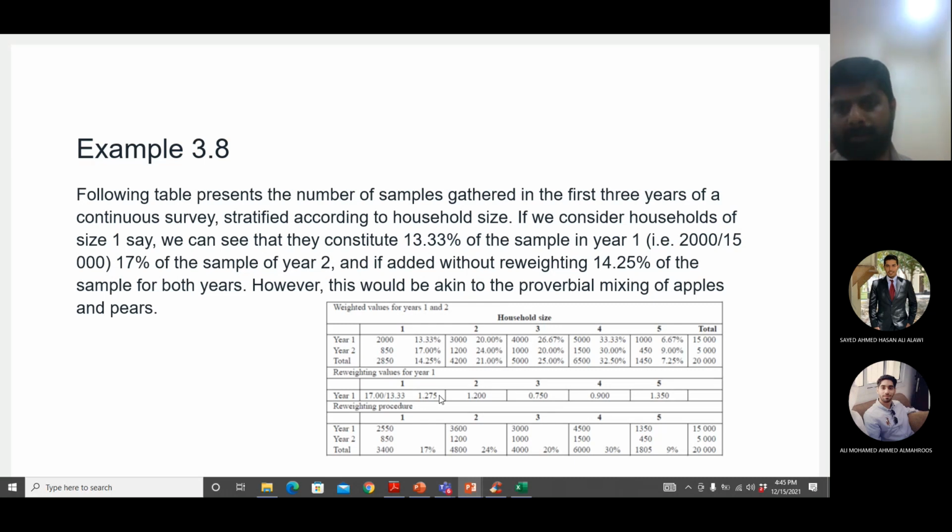So after applying this weighting factor, now you can add the values and you can simply use them. Okay, so the total will be 17%. But this 17% is now equally divided after multiplying with the weighting factor.